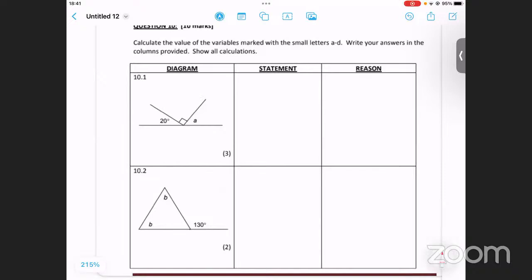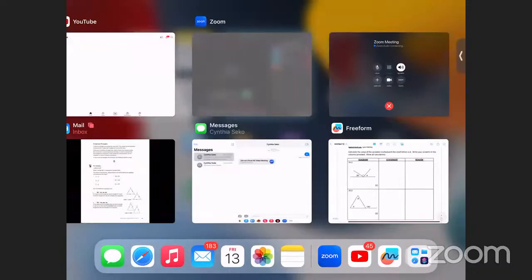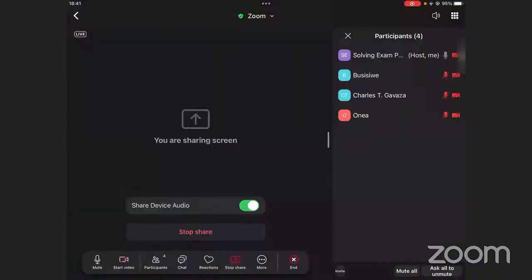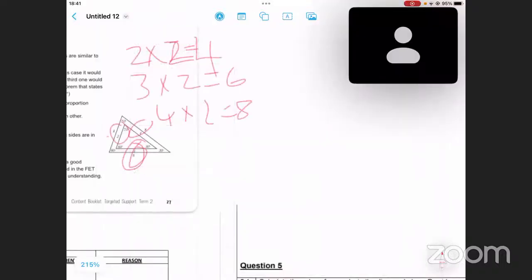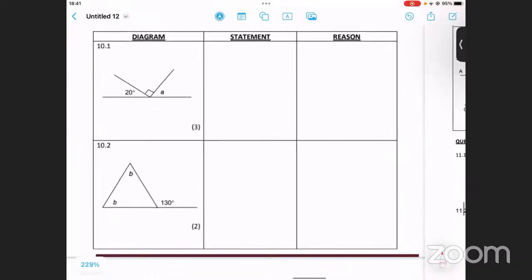So how much is going to be equal to angle A? How do we get to that? Prince Gavaza, how do we get to that? We will see 20 plus 90 plus A equals 180 degrees, and the reason is angles on a straight line.